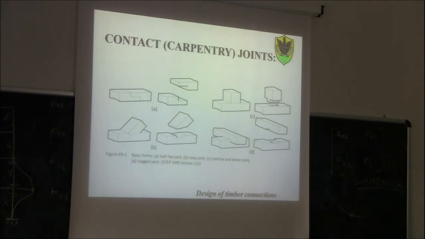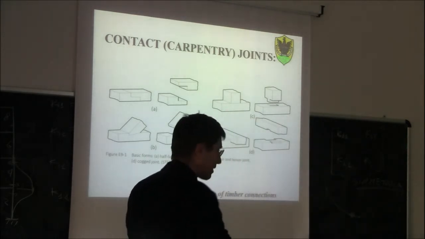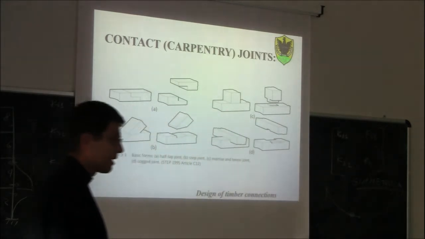They are not very much used, but of course there are some Italian translations, but I have no idea about it. If you're interested in Italian translation, try with a translator, but I guess that you won't find it. You should basically take an old timber book like Giordano, for example. It's an old timber book, and there you will probably find all these connections with some specific Italian names.